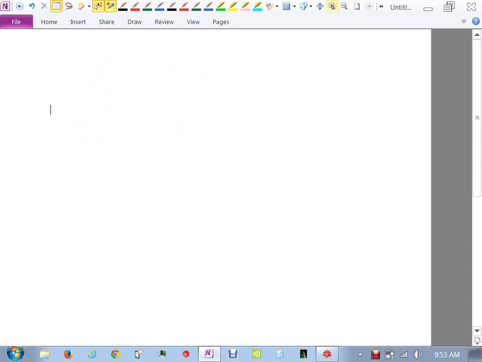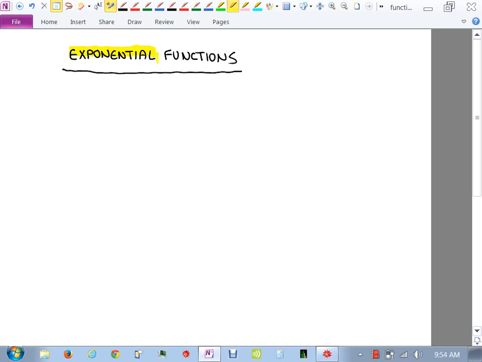What I'd like to start today is exponential functions. Now, this word exponential comes from the root word, exponent.